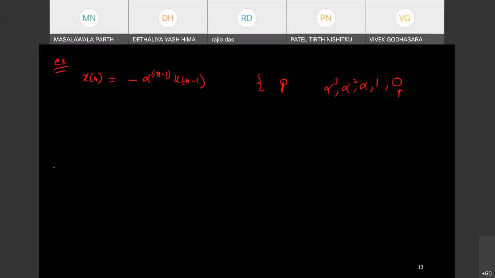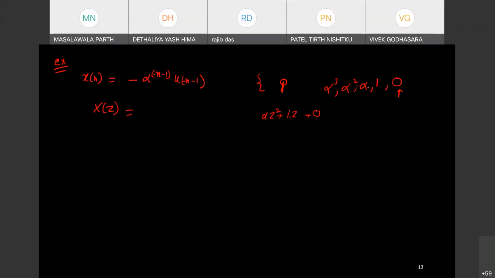So here, can you find X of z? This is your 0, I'll consider, plus 1 into z plus alpha into z square, and then the sequence should be minus alpha square, minus alpha cube.